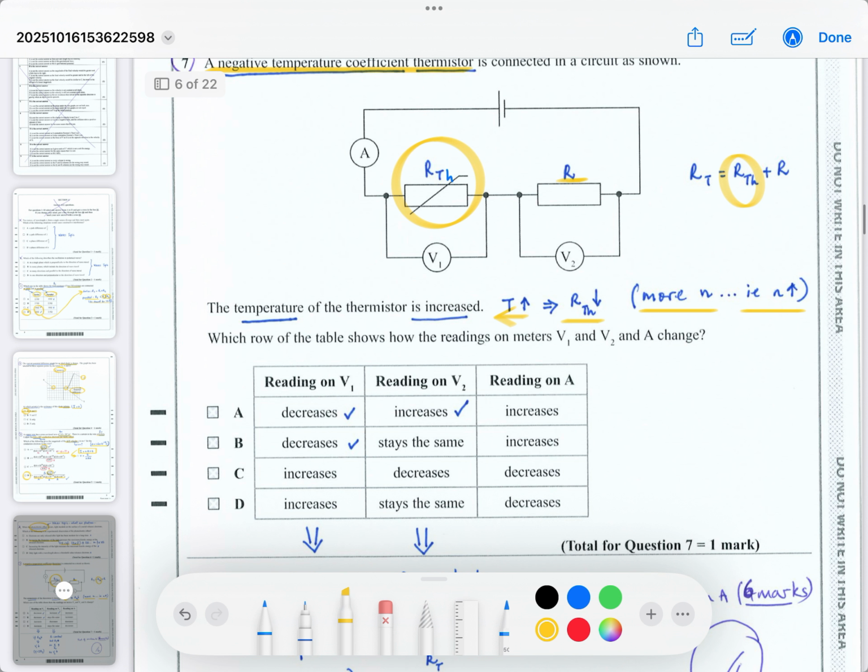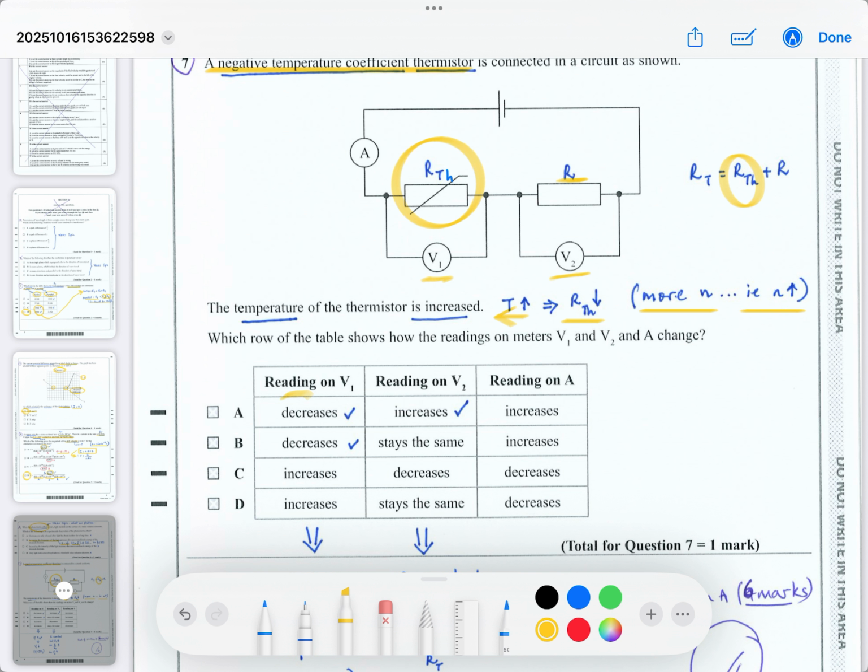Okay? So they want you to say which row of the table shows how the readings on voltmeter number 1 and voltmeter number 2 will change in this situation. So if the temperature of the thermistor increases, its resistance will decrease. If its resistance decreases, it will get a smaller share of the voltage, so V1 should go down.